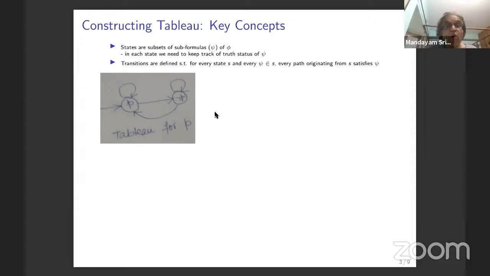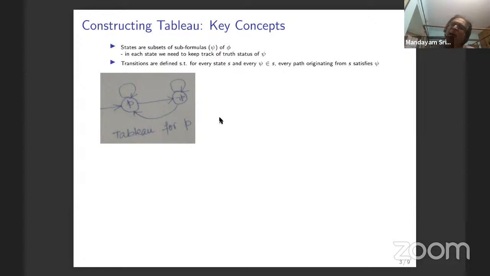In the literature you will see a few variants of the way people construct the tableau, and the compactness of the tableau construction by different people can vary. The one I'm using is not the one presented in the textbook; I can give you a reference and I will upload it.